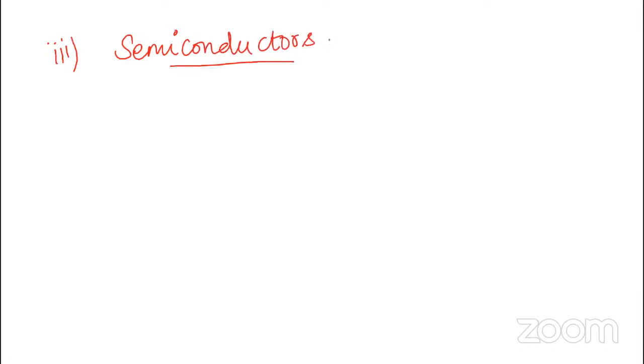Next, semiconductors. In semiconductors, the EG gap will be the smallest gap. When we compare to the insulator, the energy gap value for a semiconductor is small. Here it is a small gap.